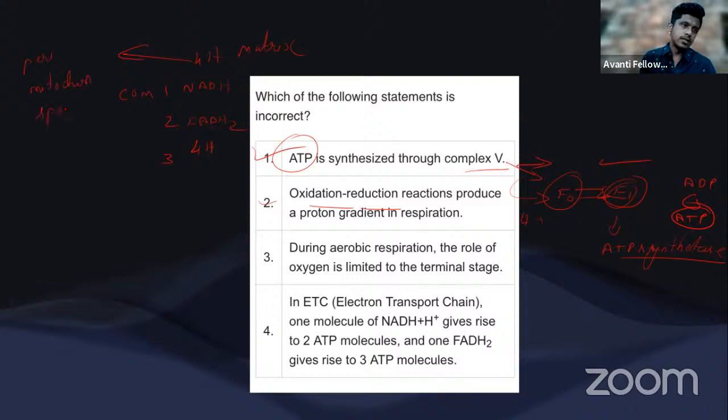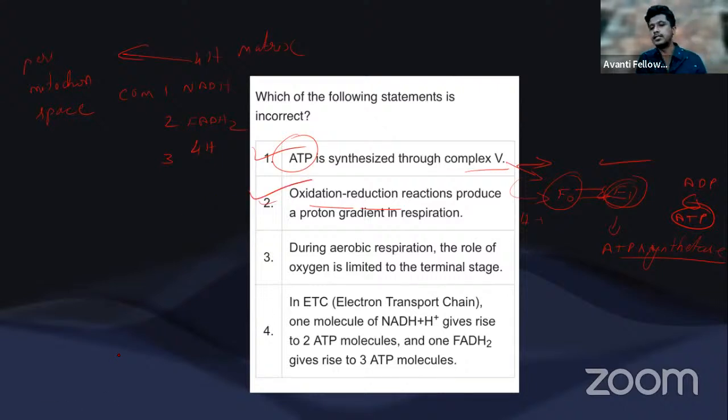So at one side, all these protons are pushed and a gradient is created. The difference in positive charge is created. That happened because of the process of oxidation and reduction that was happening in the complexes. So that's what created this proton gradient. So this option is also absolutely right.